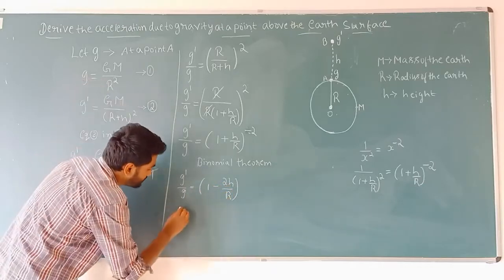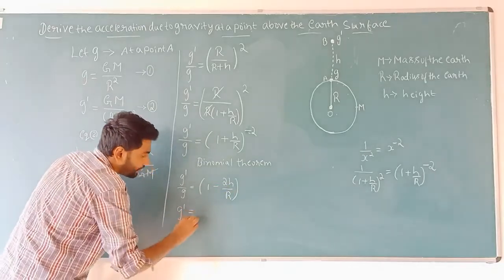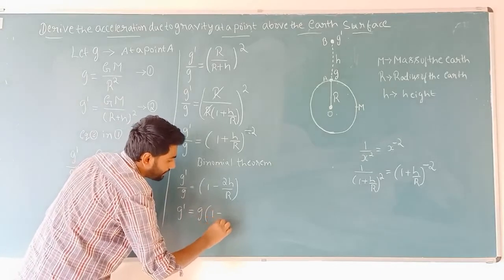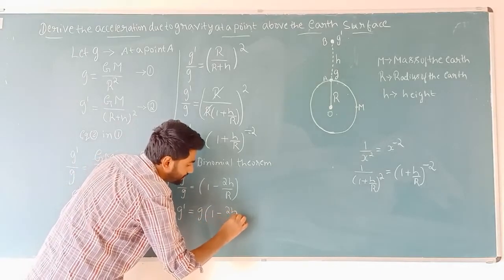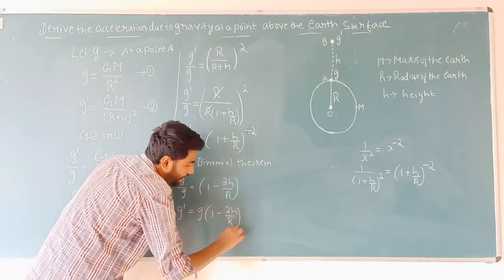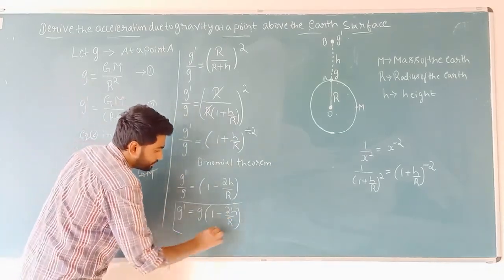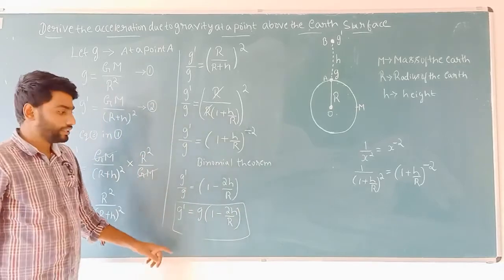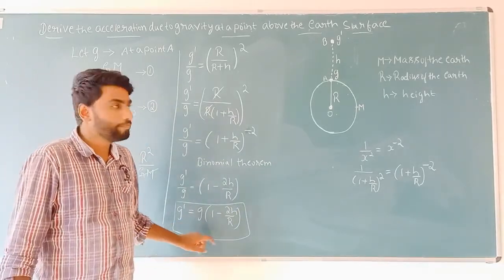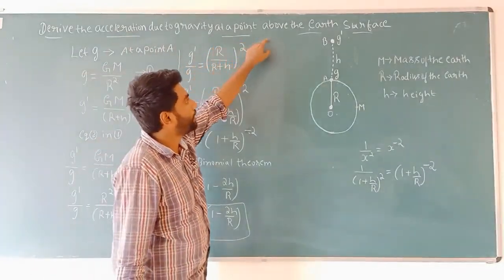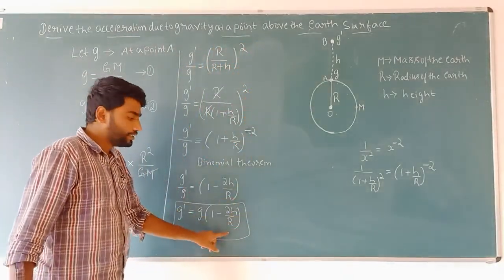So g dash equals g times 1 minus 2h by r. So this equation shows the acceleration due to gravity at a point above the earth surface.